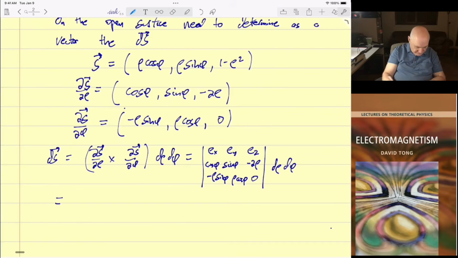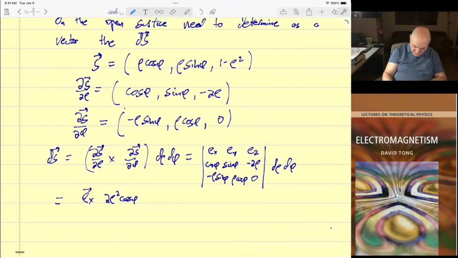So ds is equal to EX times, first the 0 and then minus the minus, 2 rho squared cosine phi.